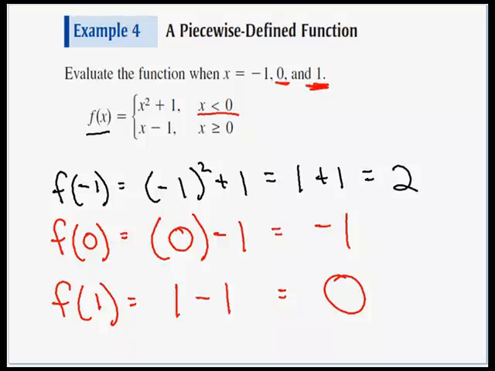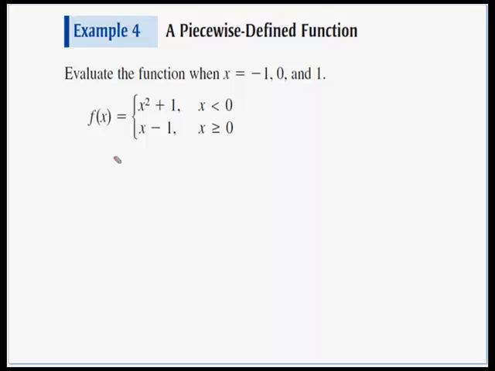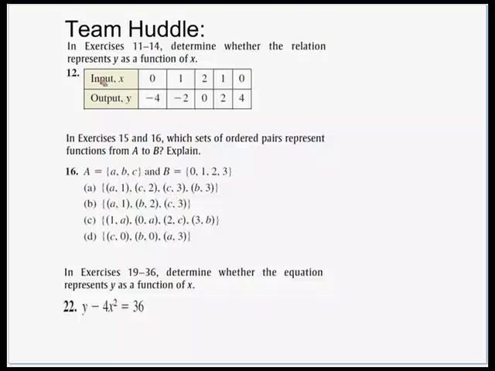If I remember correctly, that is the last example for this section. Now for some practice for you. Team huddle. Number 12, determine whether the relation represents y as a function of x. Number 16, which sets of ordered pairs represent a function from A to B? This used to be a great question on the old PSSA test. I imagine you might see something like this on the SAT.